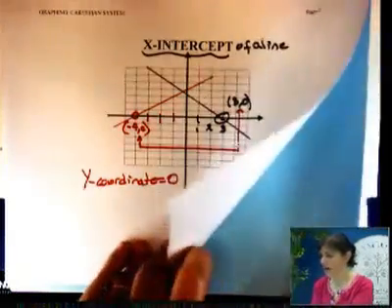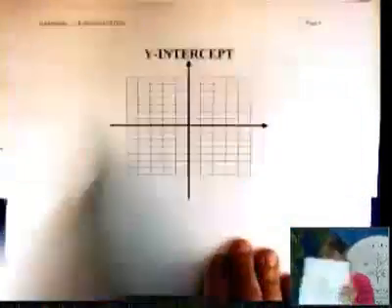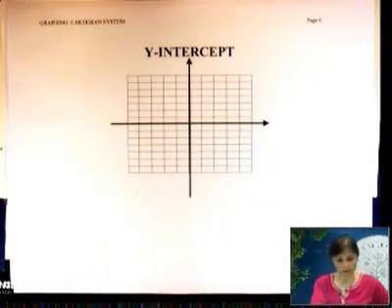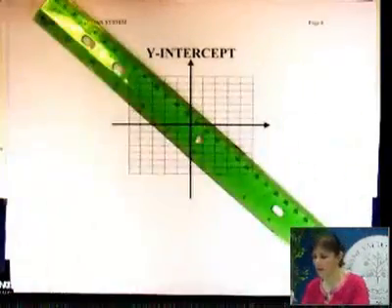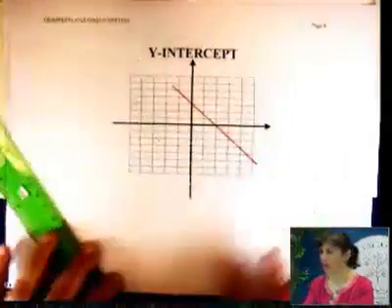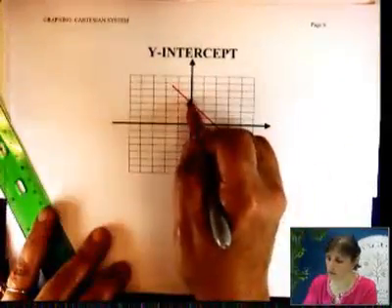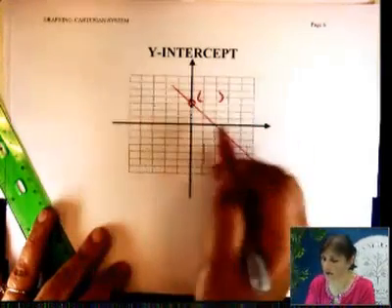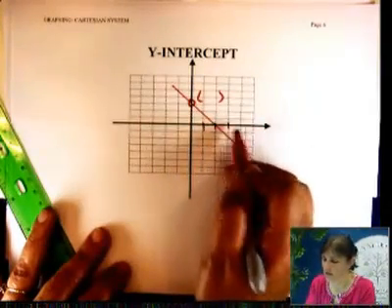Okay, let's talk about the y-intercept. Now let's talk about a line again. Here's a line. Y-intercept is the point where this line cuts the y-axis. Here's the y-intercept. What are its coordinates? 1, 2, 3, 4.